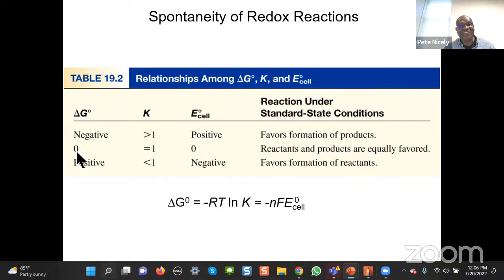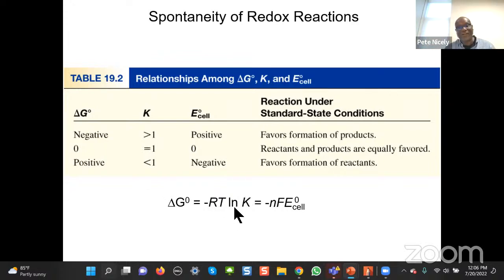Now, if delta G is 0, that means that K is equal to 1. That means that the standard EMF of the cell is 0, which means that the reactants and products are equally favored. And if delta G is positive, that means that K is less than 1, again based on this equation.